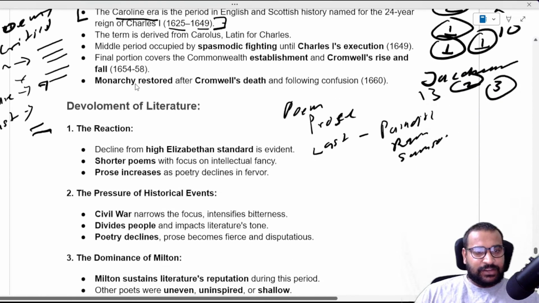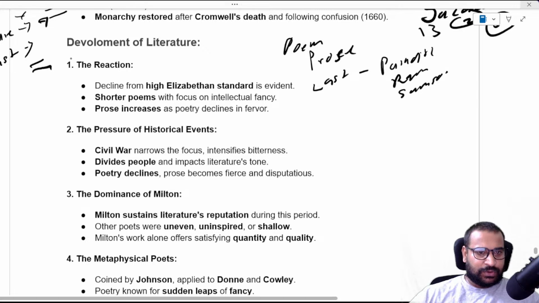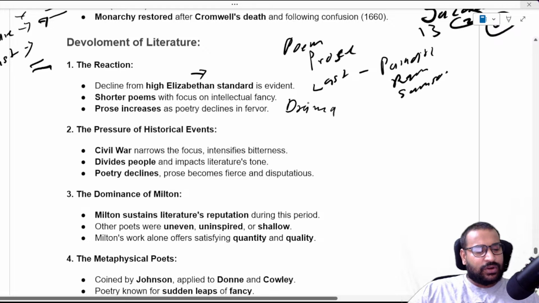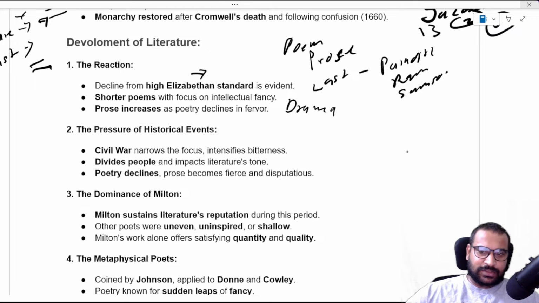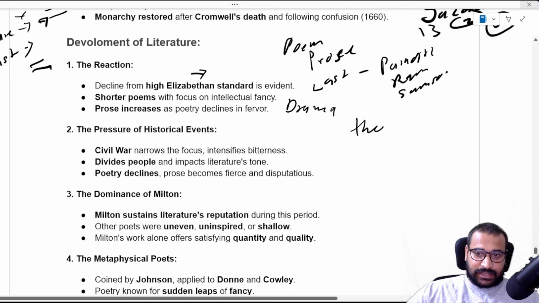Now the development of literature, what happened at that time? After the Elizabethan period, drama kind of gone. There were not enough dramatic works that they published or performed. And also, you know, theater got closed at that time. So theater was closed. So that was another reason that we don't have many plays.